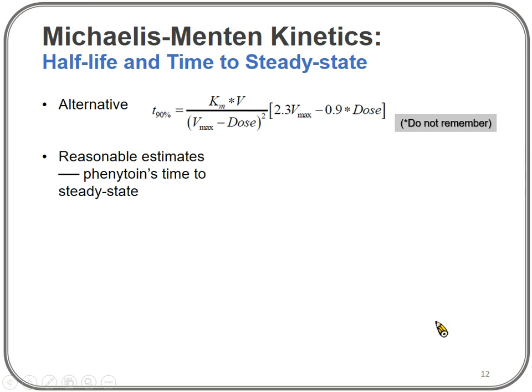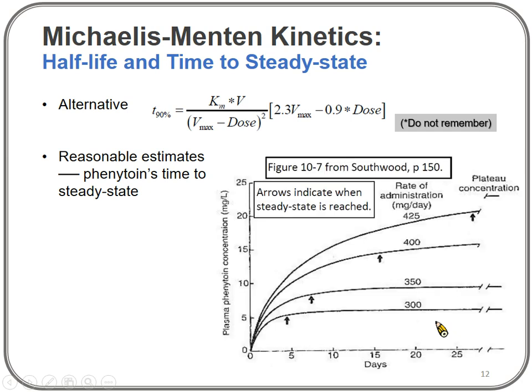But instead of trying to calculate it out, we would like to picture it in a visual algorithm or a nomograph. So here is a nomograph that you can get a sense from. The plot goes by the days of applying phenytoin against the blood concentrations of phenytoin.